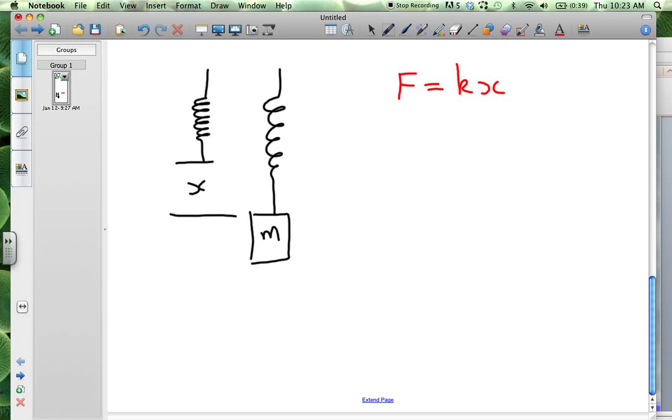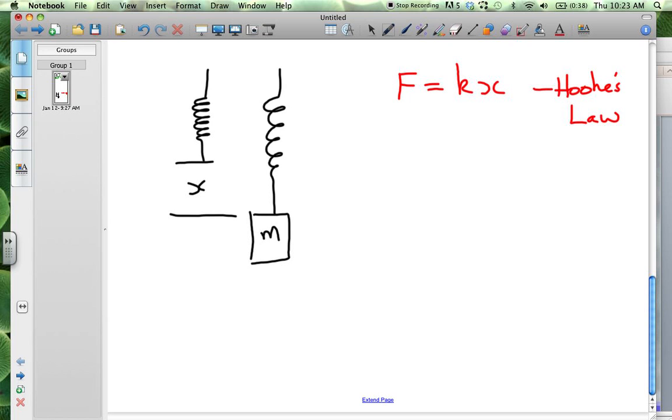Those two are directly proportional. This is called Hooke's law. Basically, if I double the extension, I'm going to double the force. Or if I double the weight on this, doubling the force that's pulling it down, I'm going to double the x. Or if I halve it, I'm going to halve the extension.